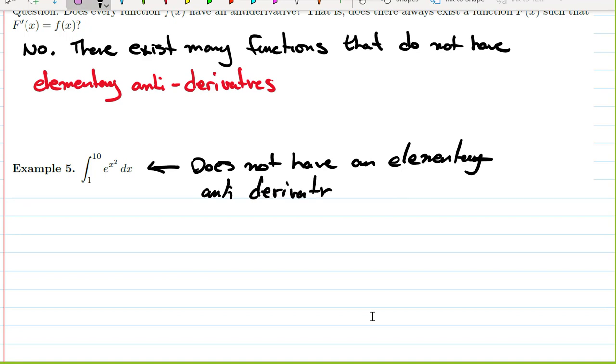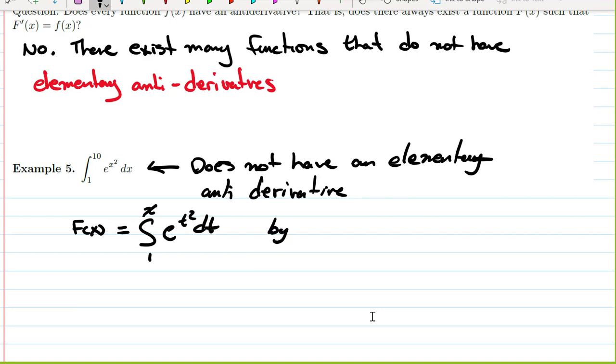And the reason we say elementary antiderivative is we want to avoid this case, because if I said, well, what about f of x equals the integral from 1 to x of e to the t squared dt?